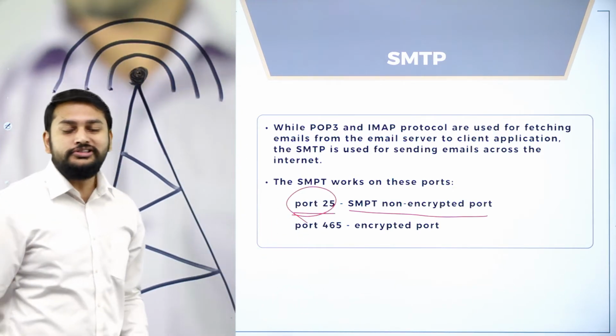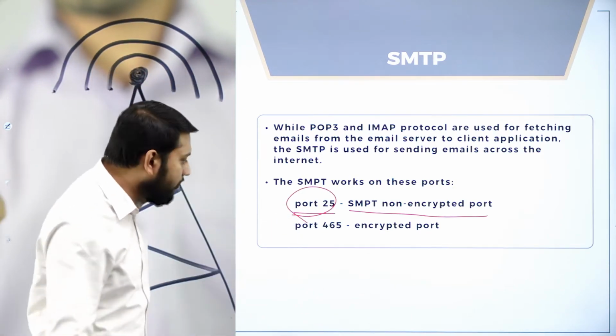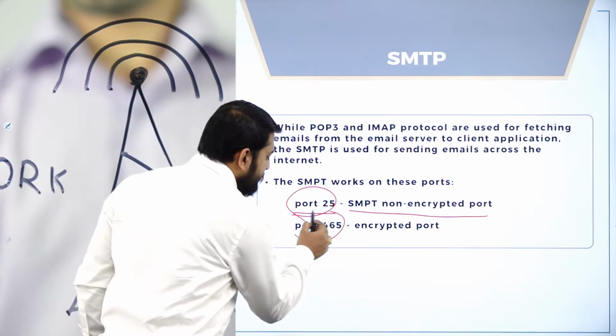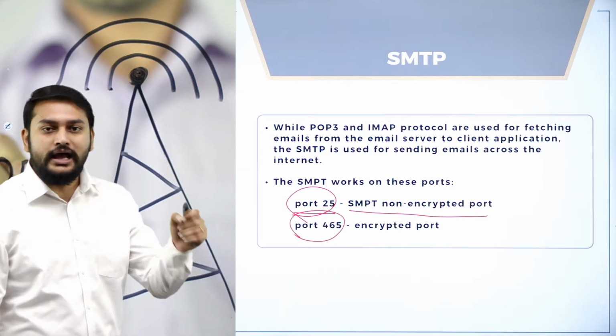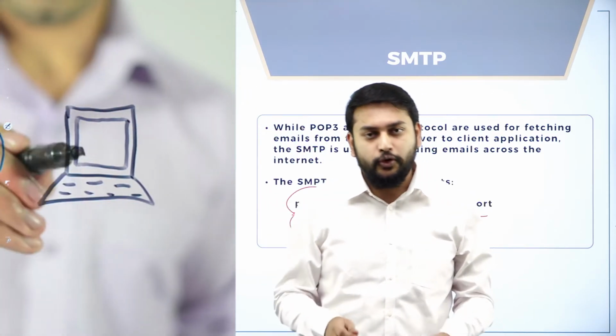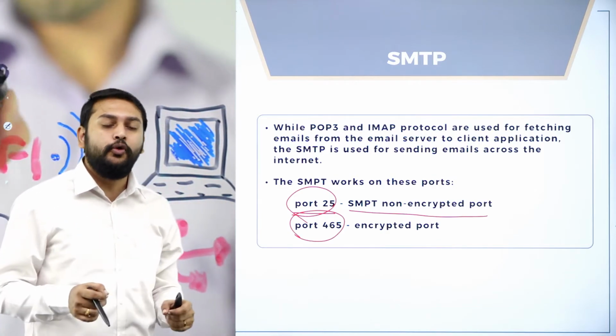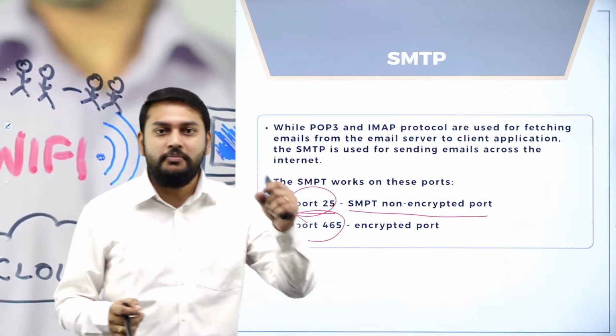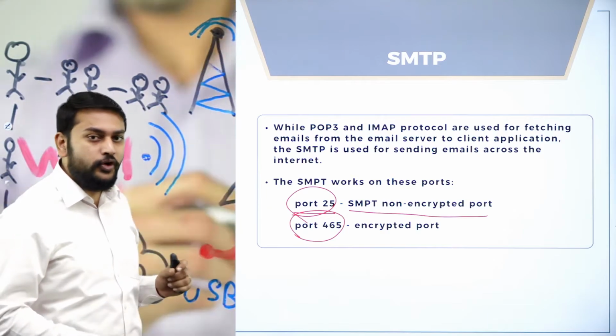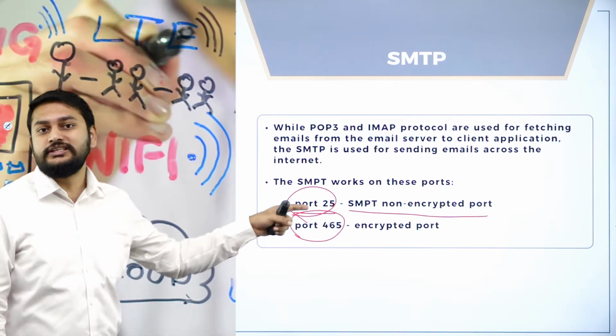If I want to use the encrypted port, what is the port number? I will be using 465. Each protocol deals with a port number, so when I want to send my mail on the encrypted port, I will use port 465.